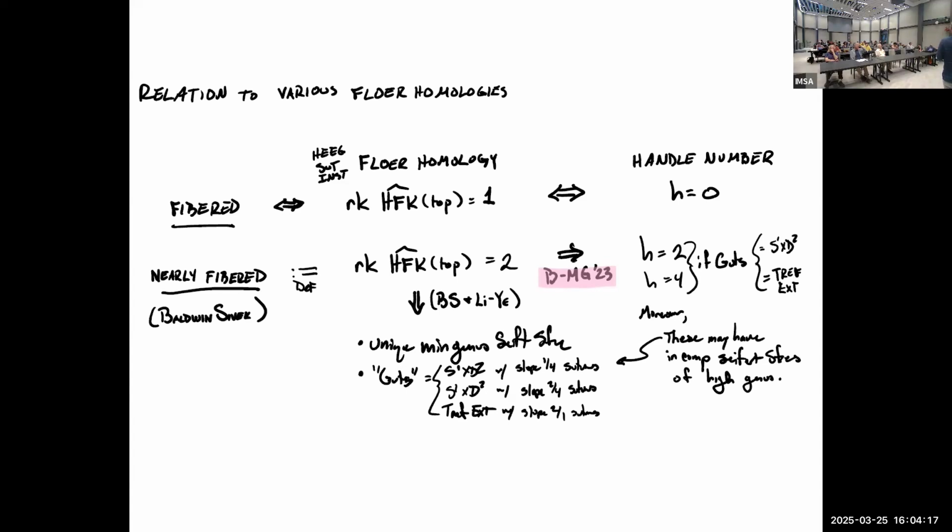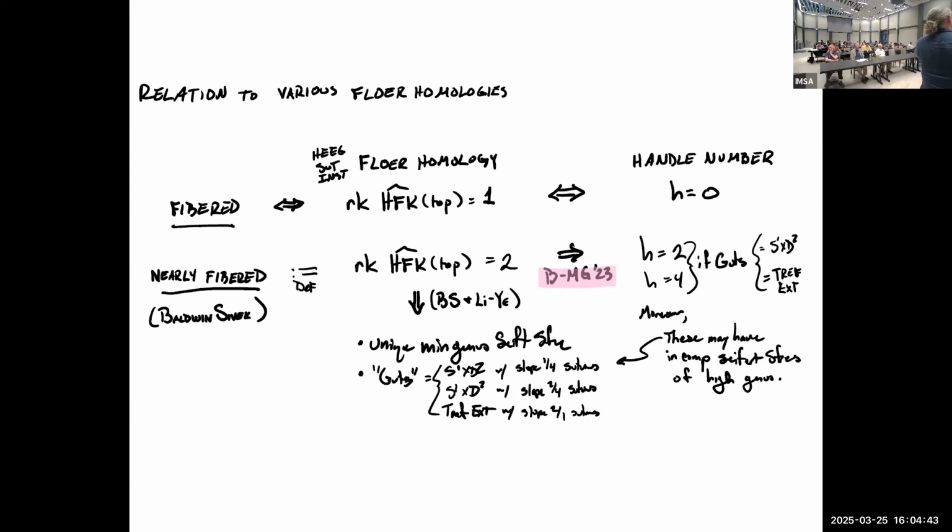So you could have another incompressible Seifert surface of non-minimal genus. Fibered knots have a unique incompressible Seifert surface. So this idea was in some sense surprising, and showed us that there's extra structure going on in these nearly fibered knots.